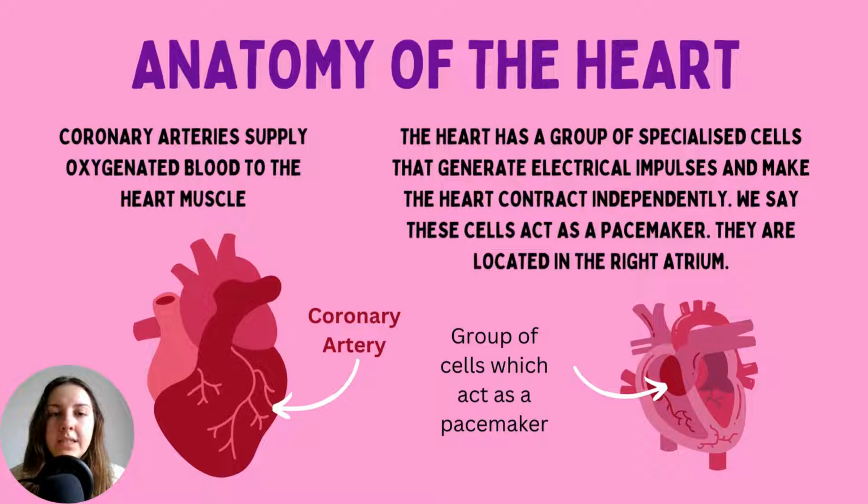And those specialized cells act as a natural pacemaker. They help with the natural resting heartbeat. However, if there is an issue with the heartbeat, if there are some irregularities, patients can be given artificial pacemakers to help maintain a regular heartbeat. And again, that's something found in the curriculum, so I thought I'd mention it now.